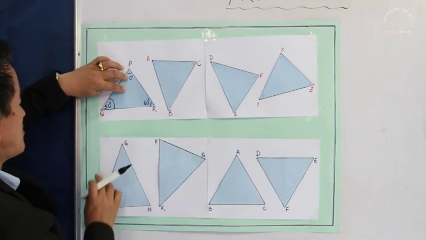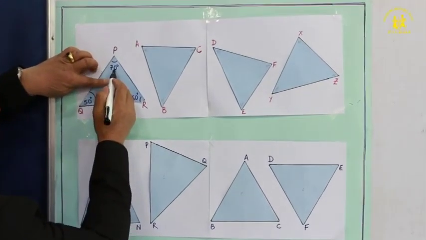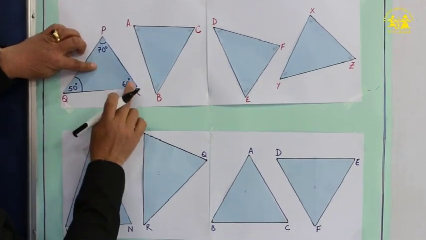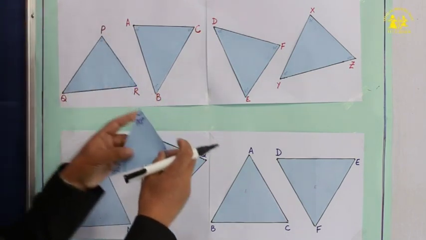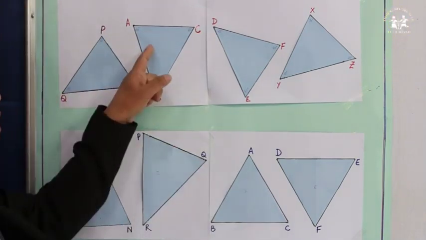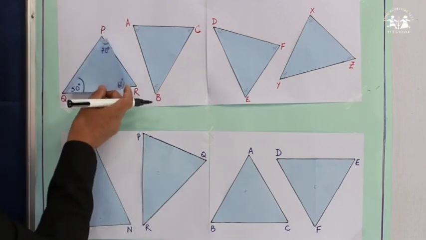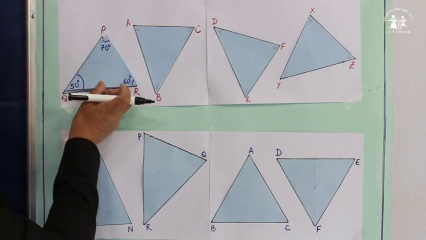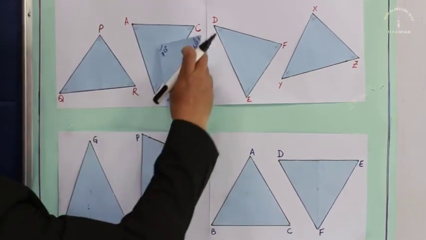Yes, so this means angle P is 70 degrees, angle Q is 50 degrees, angle R is 60 degrees. So similarly, let's see whether this triangle is congruent to this. How? Since these two triangles are exactly congruent or identical, we'll see whether they overlap or not.